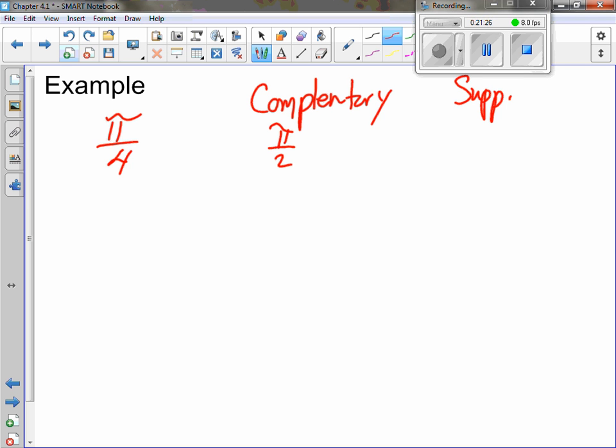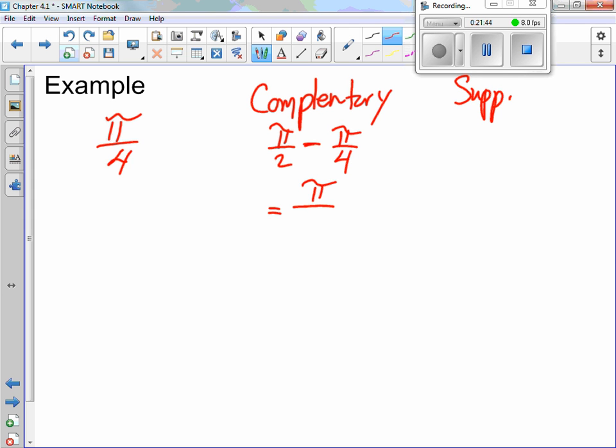So to find it with pi over 4, I would take pi over 2 and subtract from it pi over 4. And pi over 2 minus pi over 4 would be, let's see, 1/2 minus 1/4.